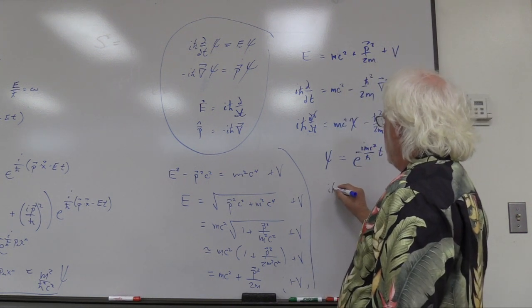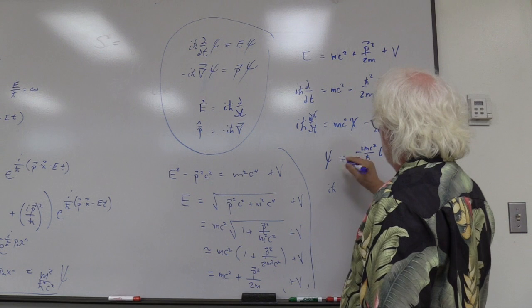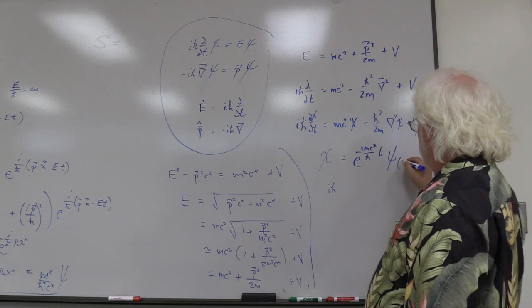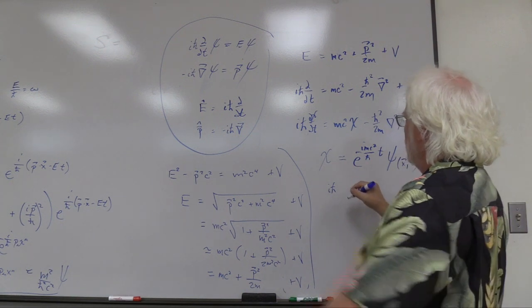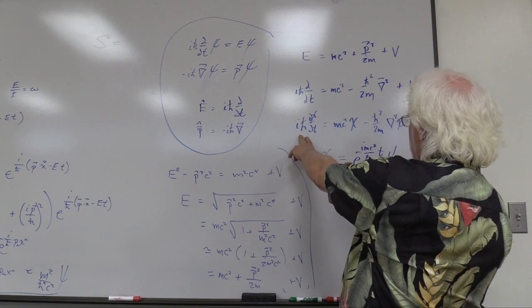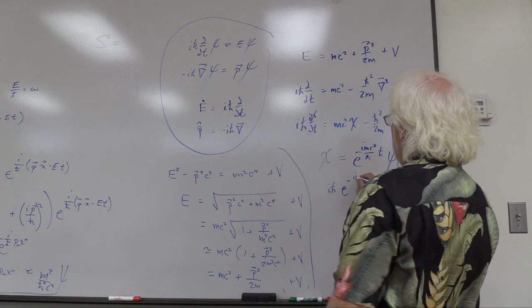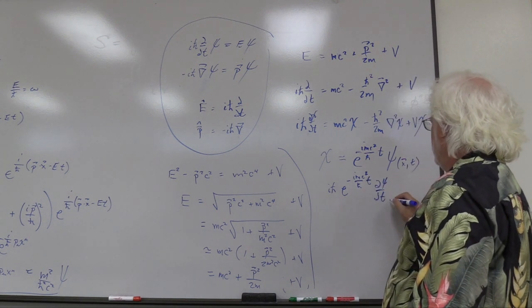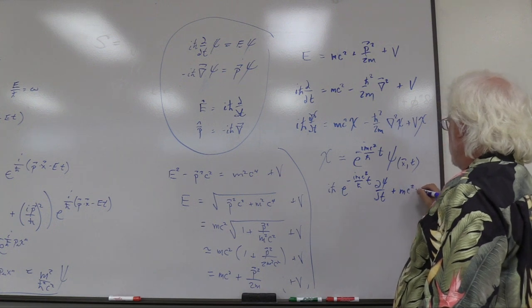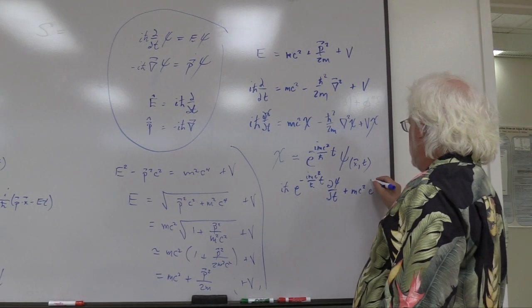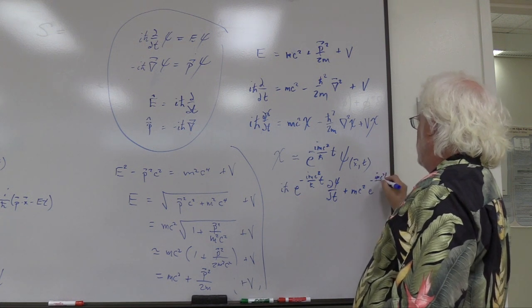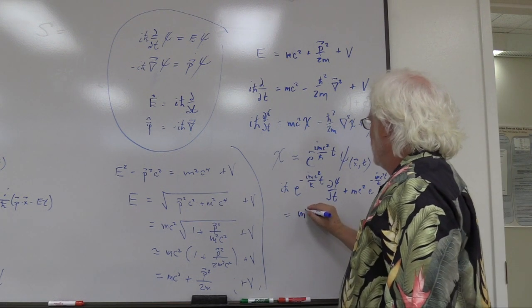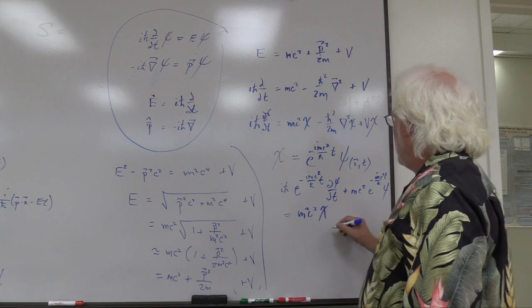So what I have is i h bar, chi is this times psi, where this still depends on x and t. So what I get here, i h bar e to the minus i mc squared over h bar t times d psi dt plus mc squared e to the minus i mc squared t over h bar psi equals, I'm just going to write chi here.